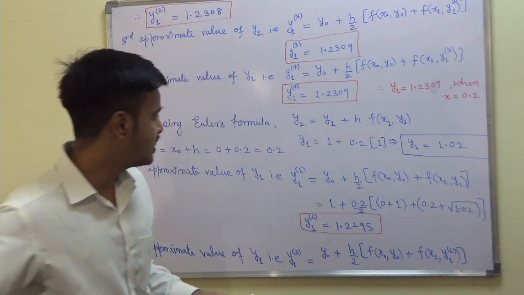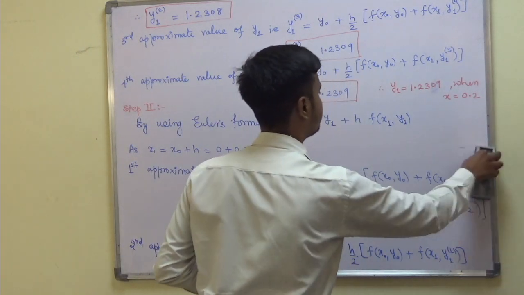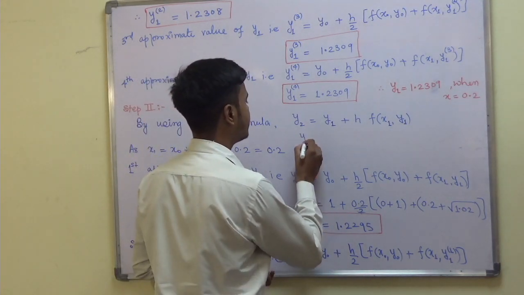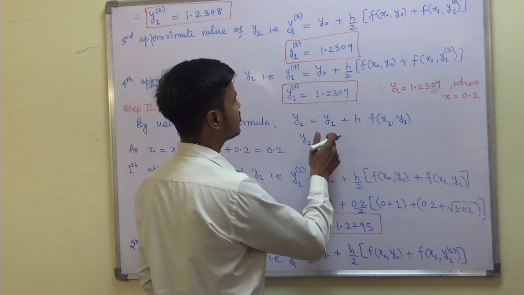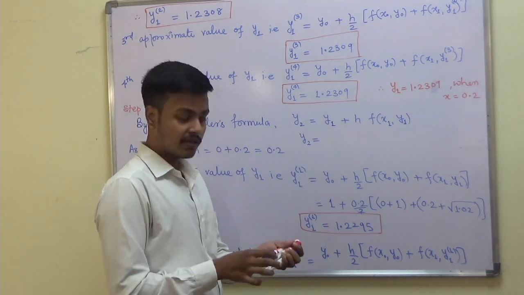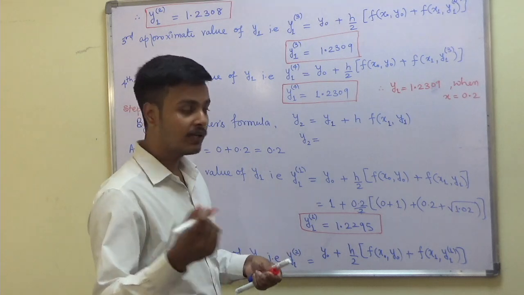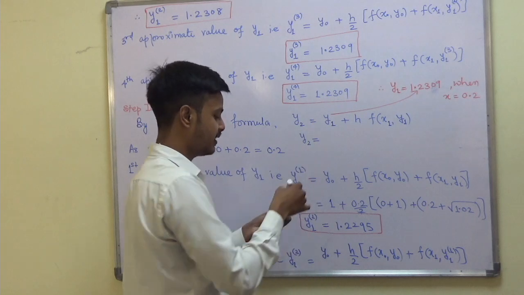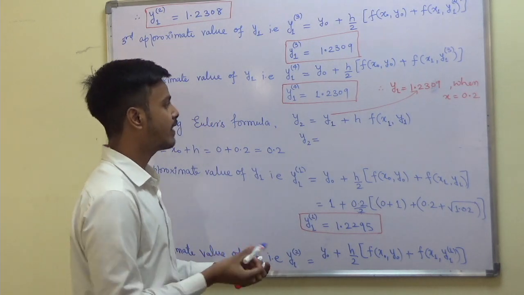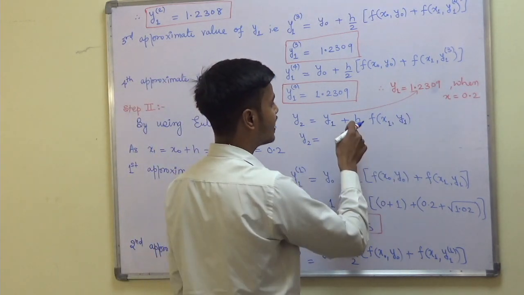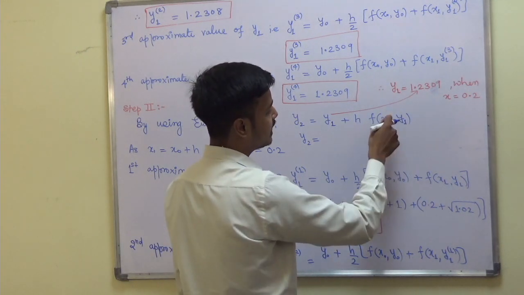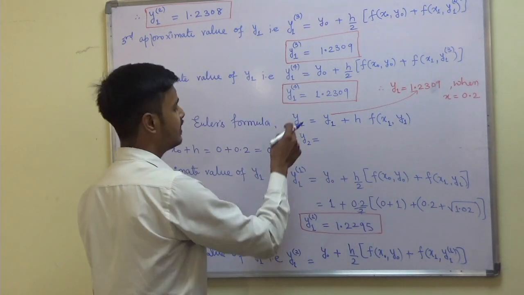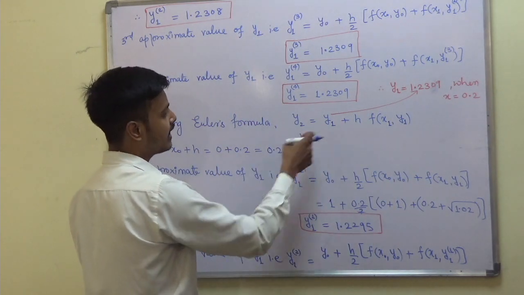So when you substitute all these values, you will be getting y2 is equal to, what is y1? Yes, when you are finding y2, then what value do you have to consider? The last value, the very last value you have to consider. So this is 1.2309 plus h 0.2 into f of x1 y1. So x1 is 0.2 and y1 is this.